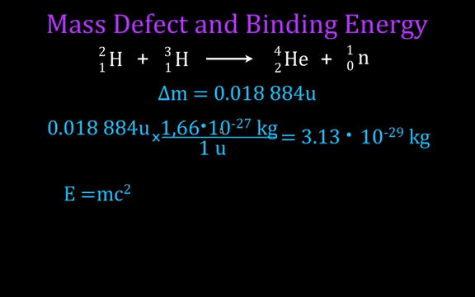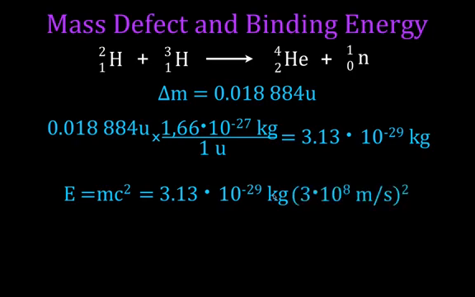And then you can see we can just plug that into our equation here, 3.13 times 10 to the minus 29 kilograms, multiply that by the speed of light squared, and we get that the mass defect converted into energy in joules is 2.82 times 10 to the minus 12 joules. Okay, now usually when we have binding energy, we give it in electron volts or mega electron volts.